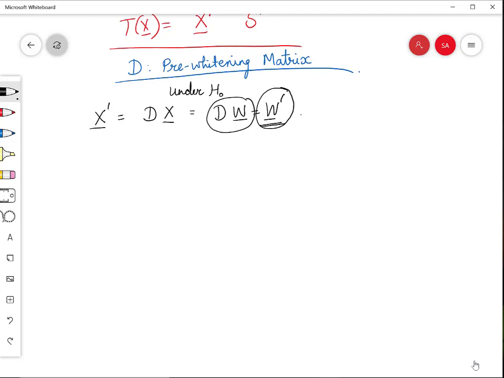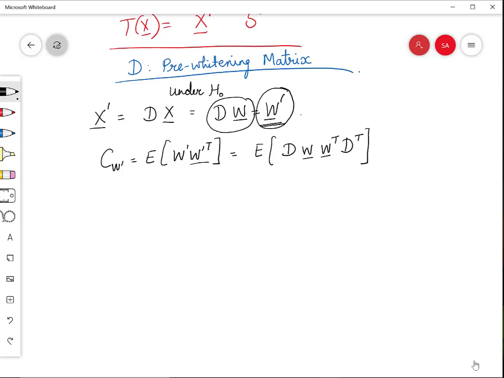The covariance of W prime is the expectation of W prime W prime transpose. I can write this as the expectation of D times W, and W prime transpose will be W transpose D transpose.